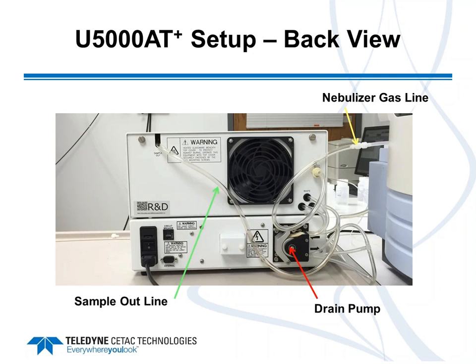Normally we can set liters per minute in argon gas flow if the ICP is equipped with a mass flow controller. If not, if the ICP is only equipped with a pressure regulator, that fitting can be equipped with a flow restrictor to take the place of the concentric nebulizer. Finally, you see at the bottom of the screen with the red arrow, there is a drain pump, and that's to remove any condensed liquid out of the ultrasonic nebulizer.